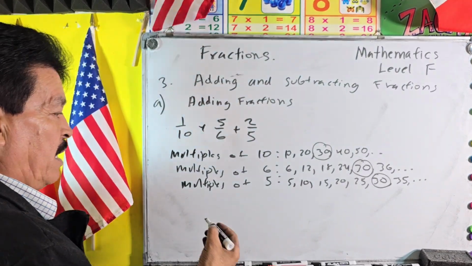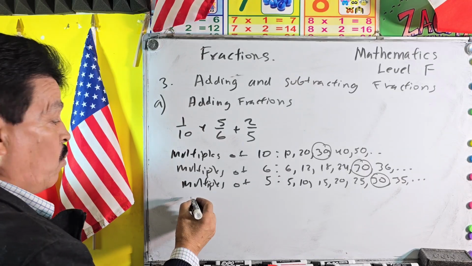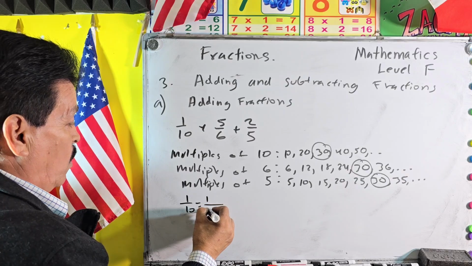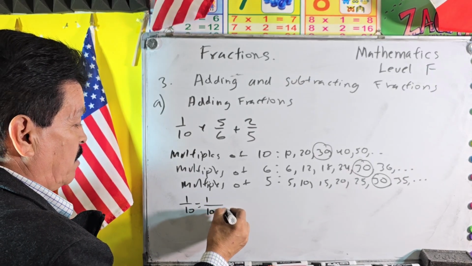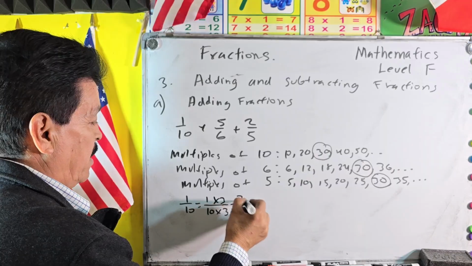So this means that we have to multiply here. 1/10 equals 1/10 times 3 equals 3/30. Then 5/6 equals 5/6 times 5, 25/30.